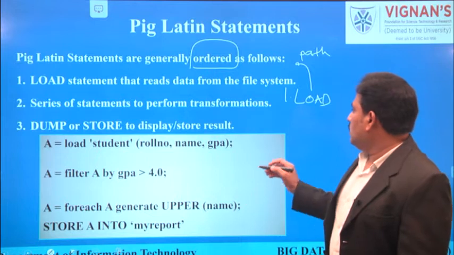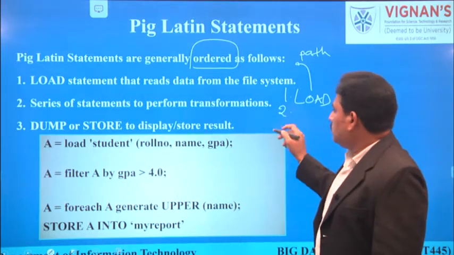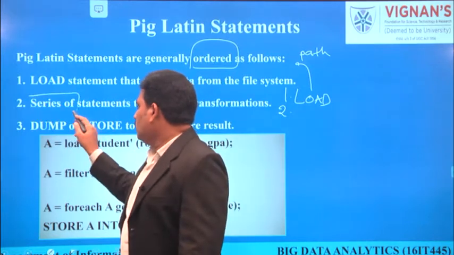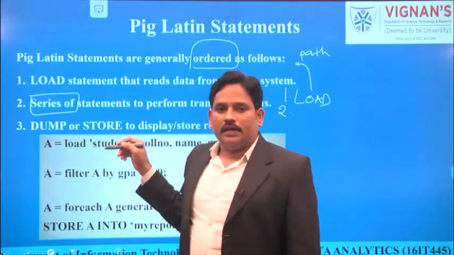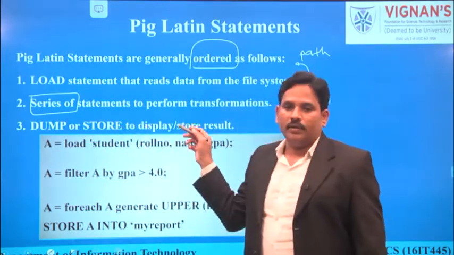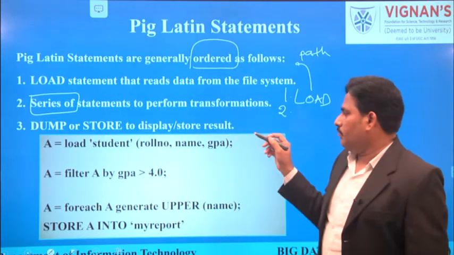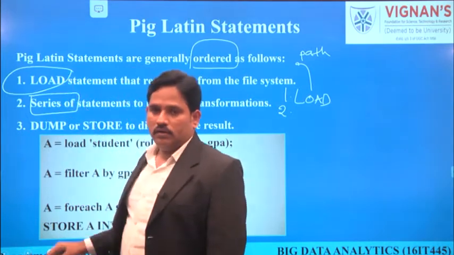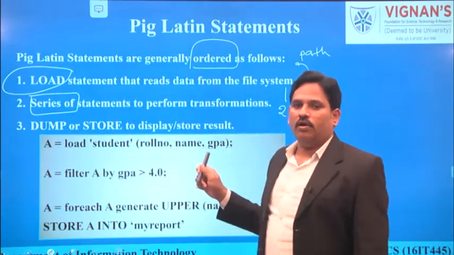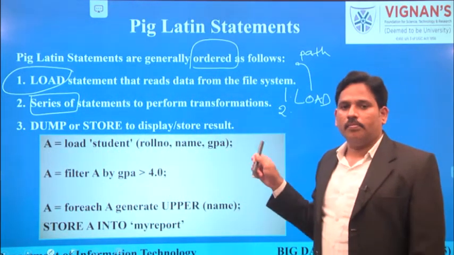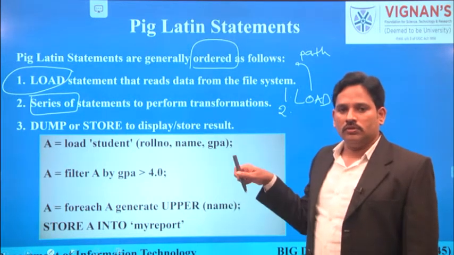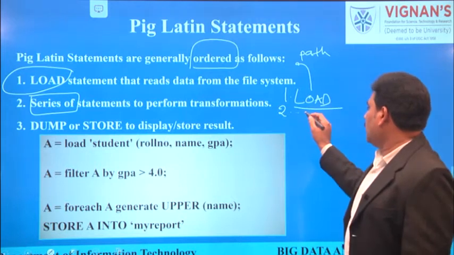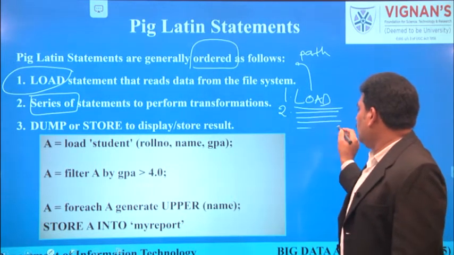The second is not a single statement, it is a series of statements. The actual Pig Latin coding statements will be written in the second phase. The first phase is used only to load the source file. After loading the source file, whatever operations we want to perform on the data are written in the second phase, in order.